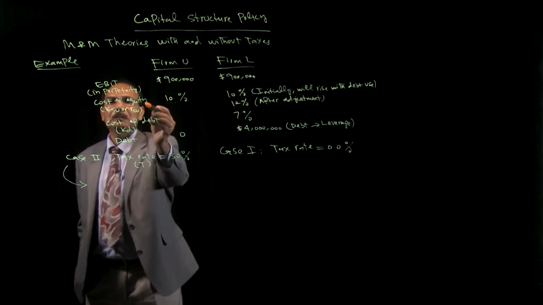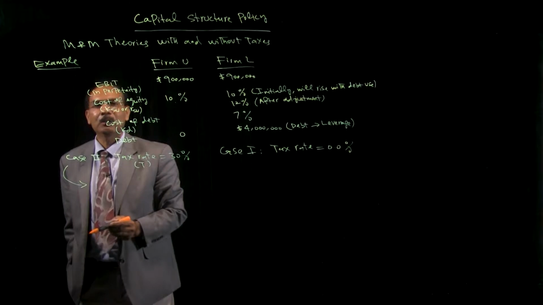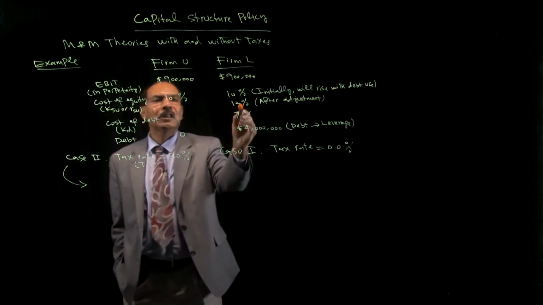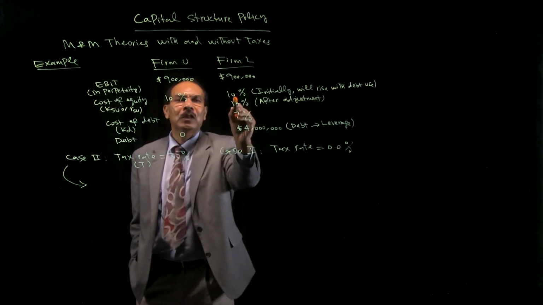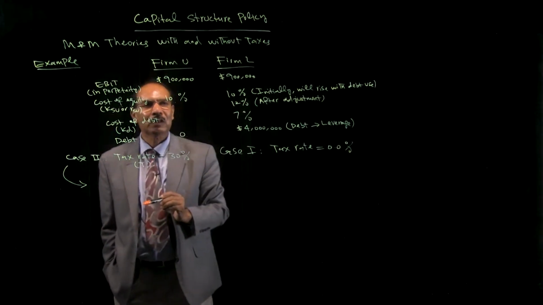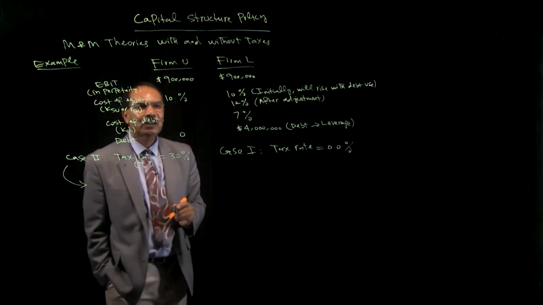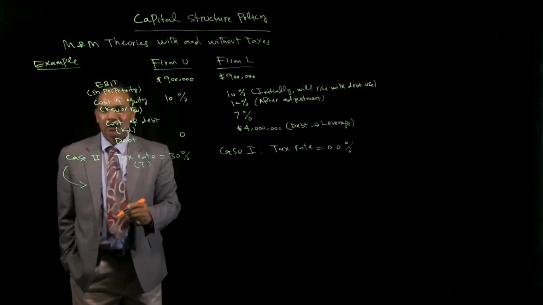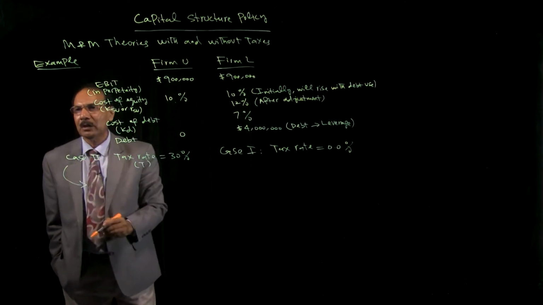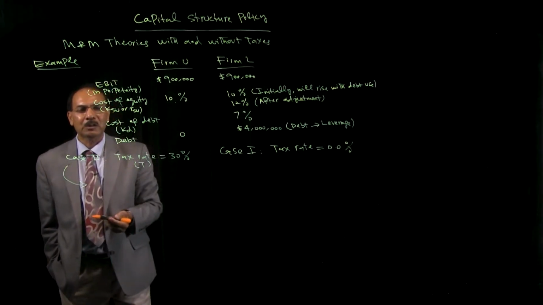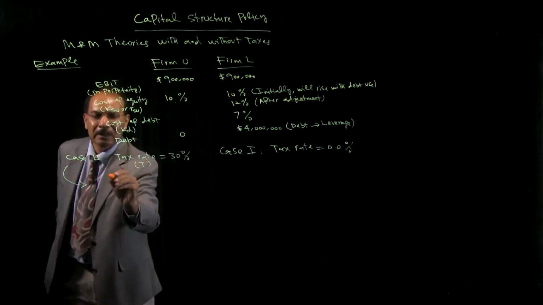Cost of debt, return demanded by shareholders initially is going to be the same, but we will see eventually the market is going to realize this is really not a correct cost of equity, and we will see it is going to be rising to 12%. So let's first look at the realistic situation where the corporate tax rate is going to be 30%.